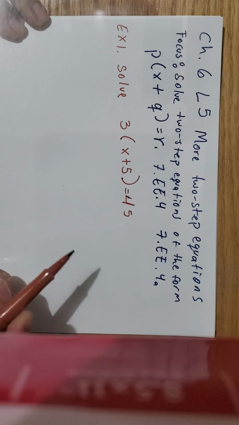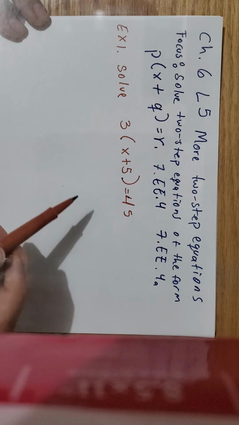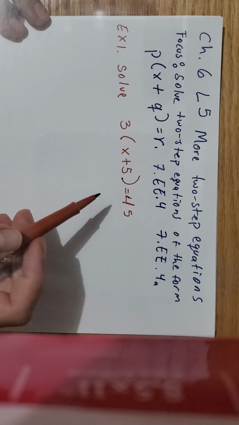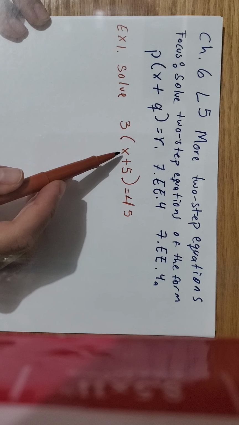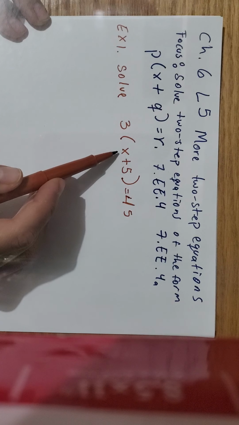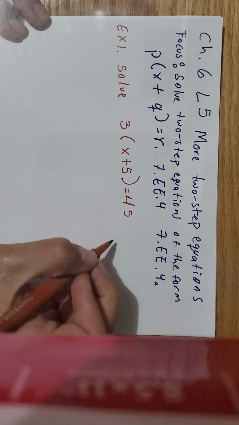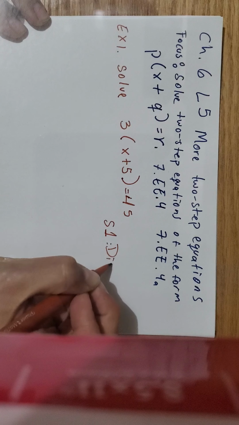So what we're gonna do is that usually on PEMDAS you have to do parentheses first, right? But in this case you cannot do parentheses first because you can't combine a constant with a variable. So we're gonna do distributive property. So step 1, distributive property.